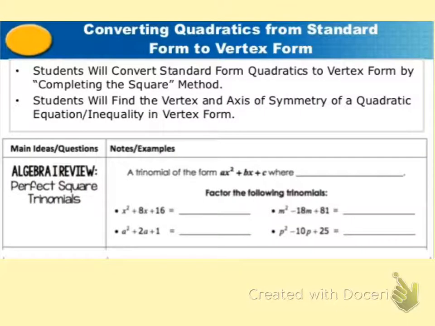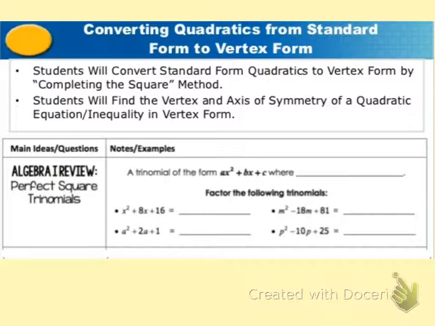So in order to learn how to use this completing the square method to convert quadratics from standard form to vertex form, the first thing we need to do is review what a perfect square trinomial is. A perfect square trinomial, remember, is one of those trinomials that starts with a perfect square.